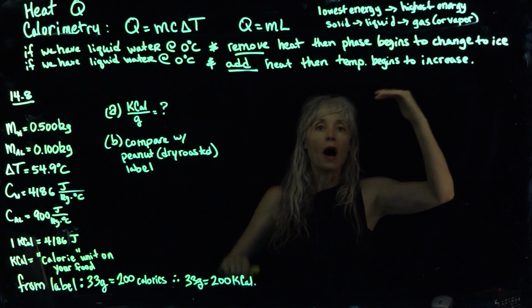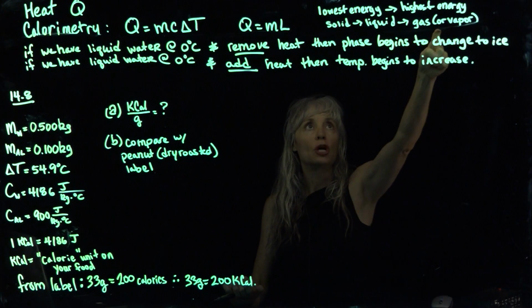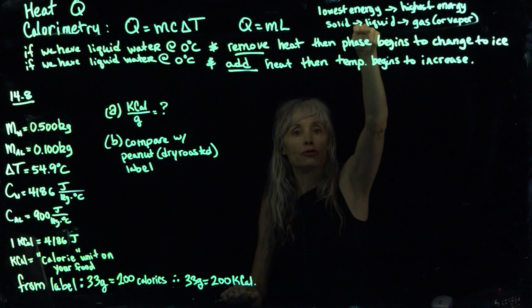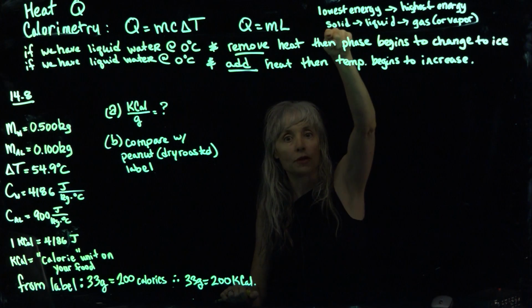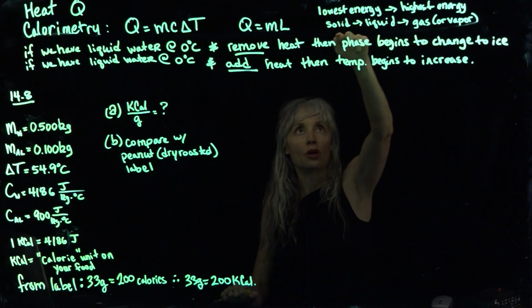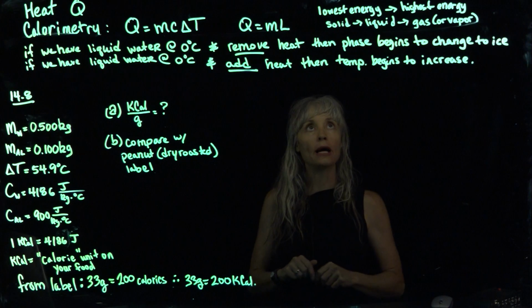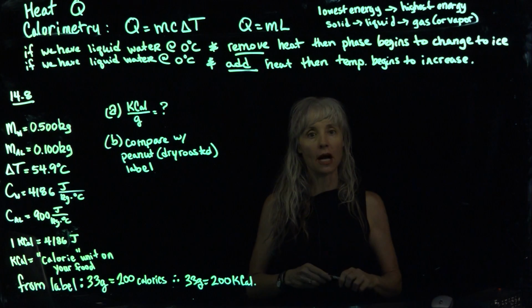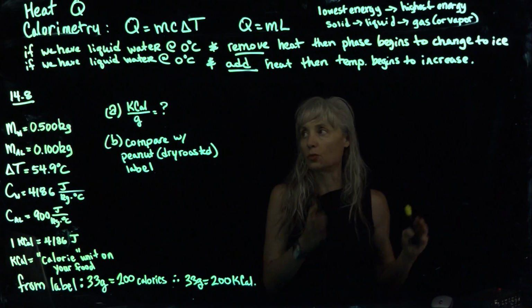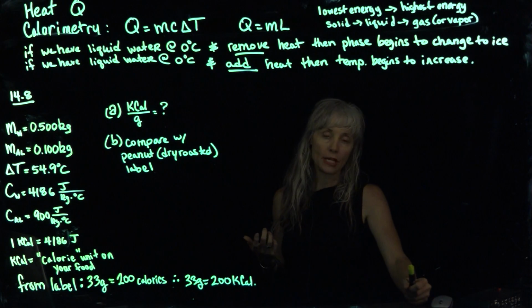So remember that the higher energy state is going to be from solid to liquid to gas. So when we're removing energy from liquid, it's moving towards solid. When we're adding energy, it's moving toward gas, and vice versa. So we have to keep in mind that the lowest energy state to highest energy state is solid to liquid to gas.